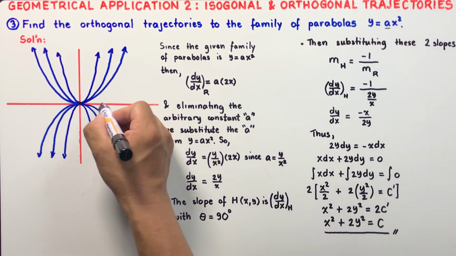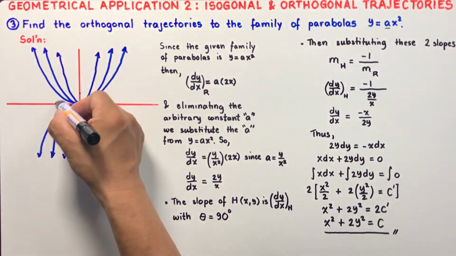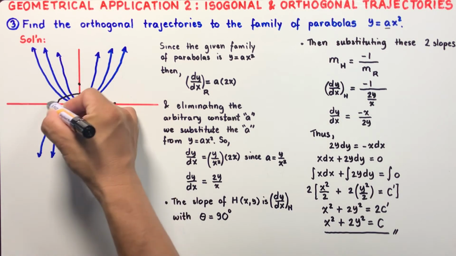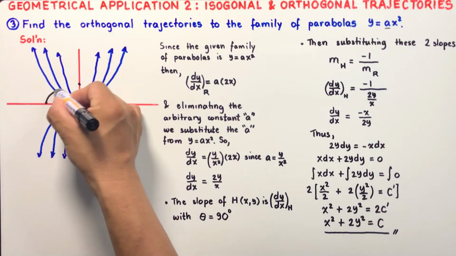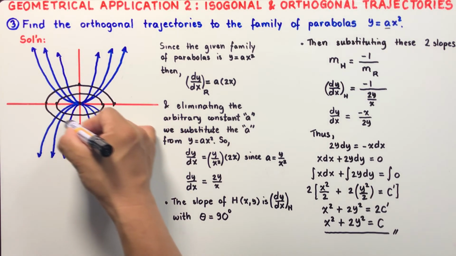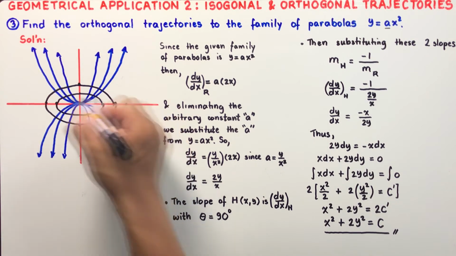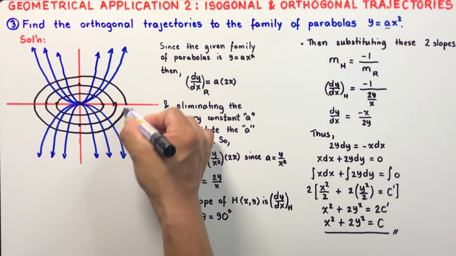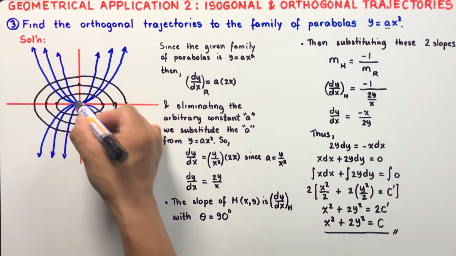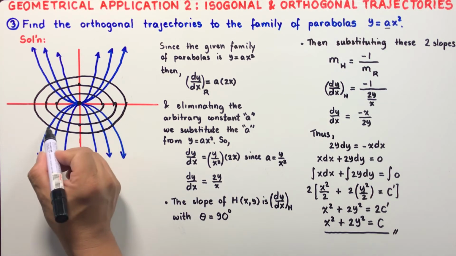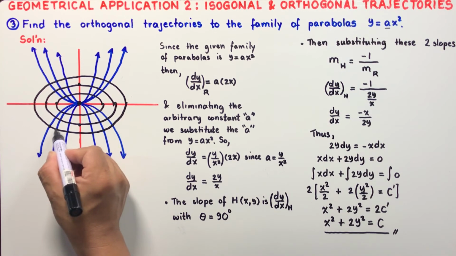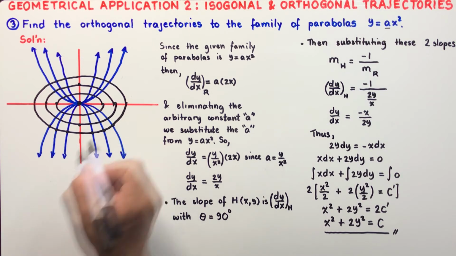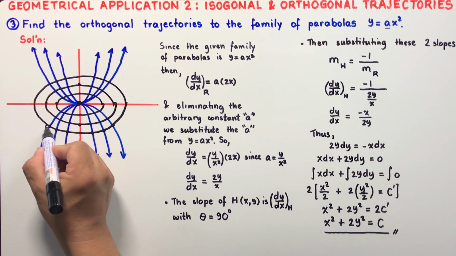So if you draw here an ellipse, we have a family of ellipses here, and these are ellipses whose center is at the point of origin. You see that every ellipse intersects every parabola at an angle of 90 degrees.